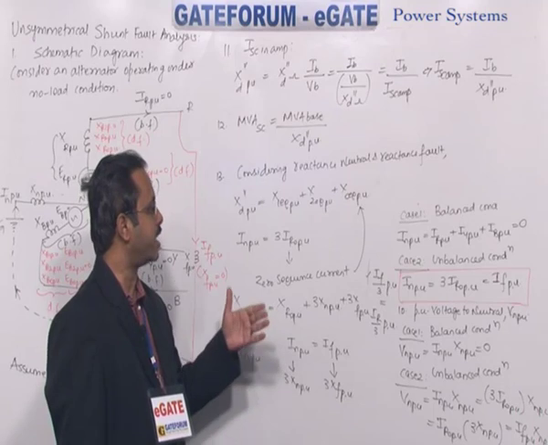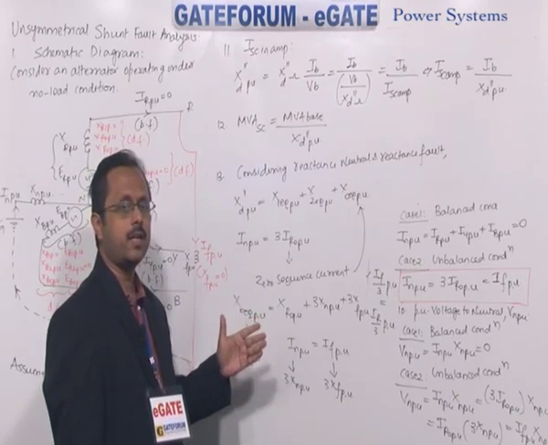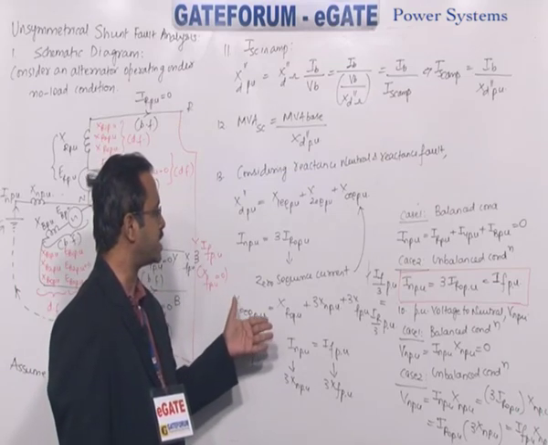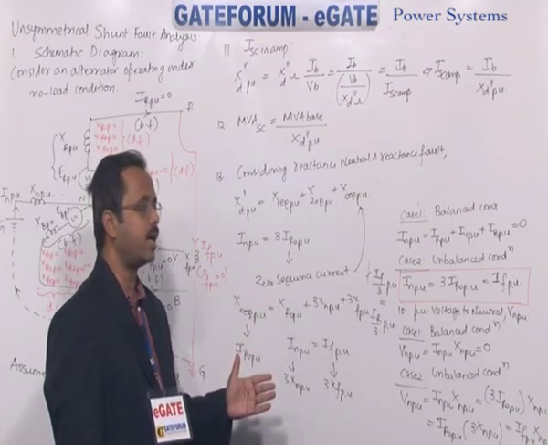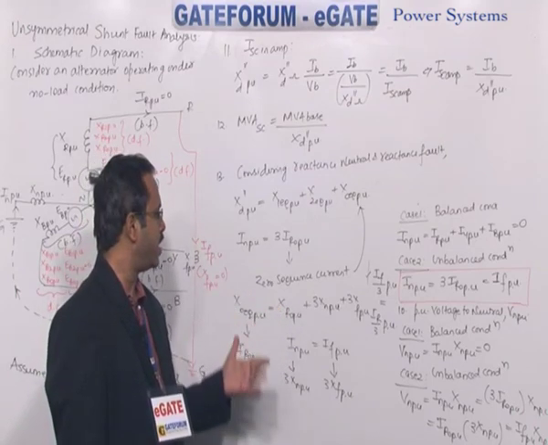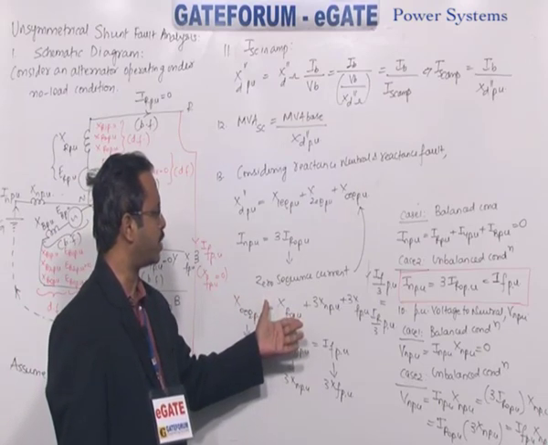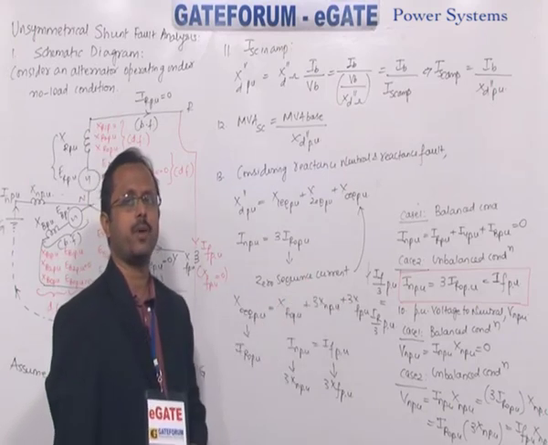So only X0 equivalent per unit changes. With solid neutral and solid fault, it is XR0 per unit. With reactance fault and reactance neutral, it is XR0 per unit plus 3XN per unit plus 3XF per unit.